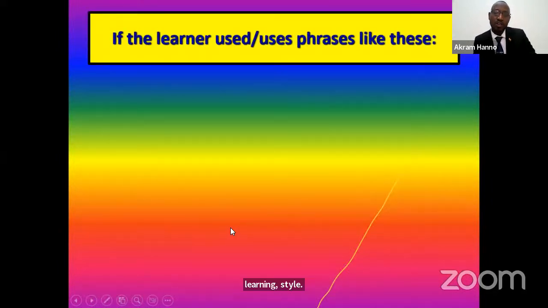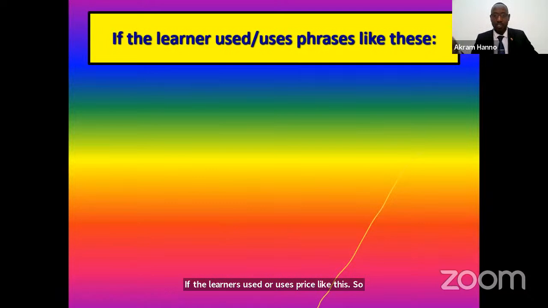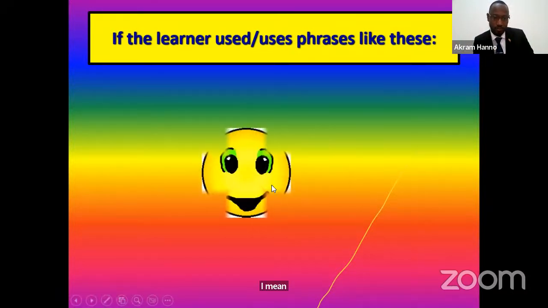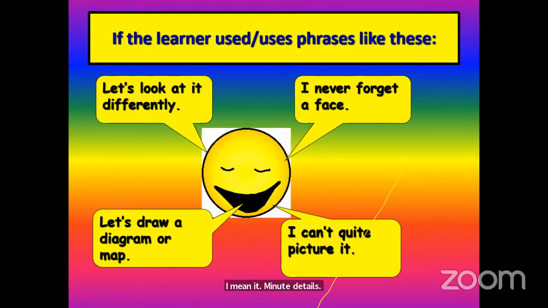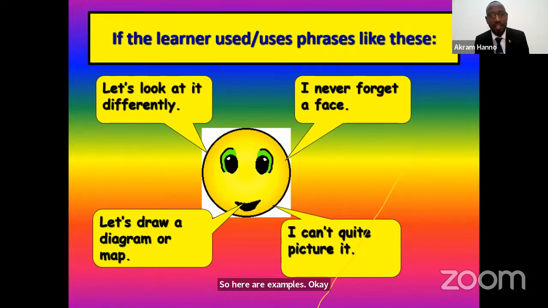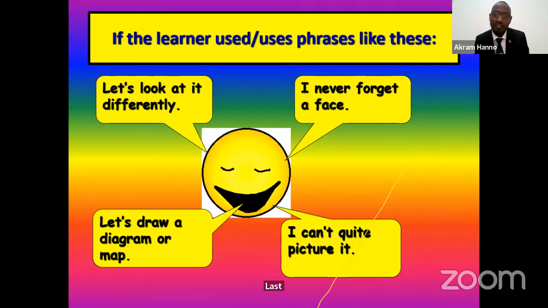If the learner uses phrases like these, we can talk about this in more detail. So here are examples of this learner. Let's look at it differently. "I never forget a face."